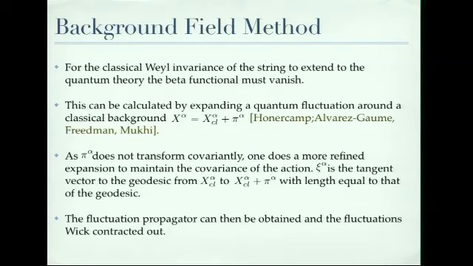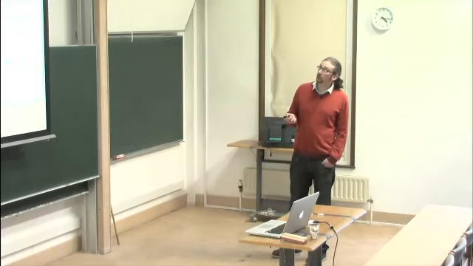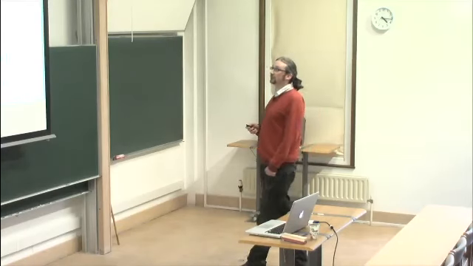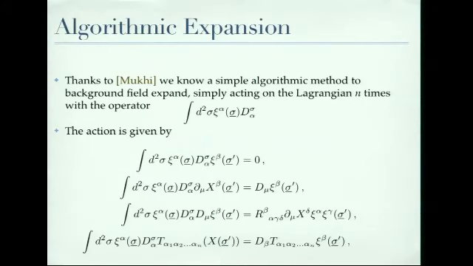And we find that an expansion in psi is covariant. And this means if we do the expansion, everything's automatically organized into proper covariant tensors. So this was due to Honerkamp originally, Alvarez-Gaumé, Freedman and Mukhi, and we go on to actually use an algorithmic method, thanks to Mukhi, where we can work out the background field expansion by just applying this operator a certain number of times and dividing by n factorial.